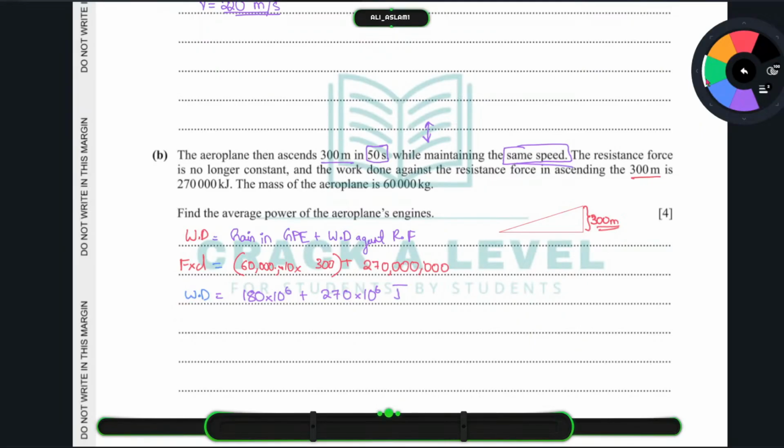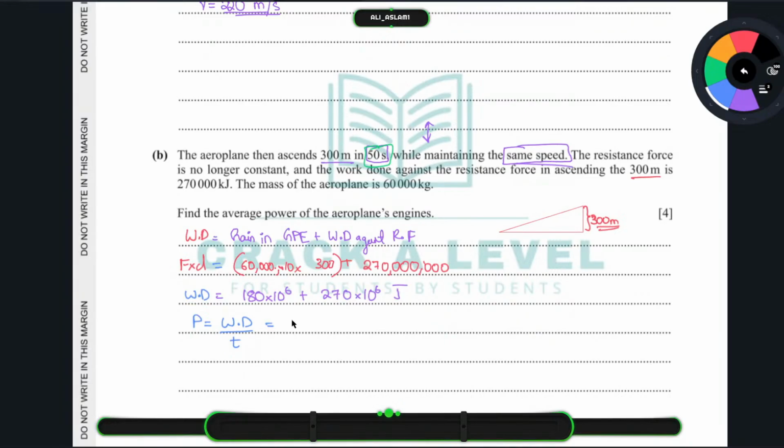And we know we have time though. So what is power? Power is work done per time, FD over T. So we have the cumulative sum of 180 exponent 6 plus 270 exponent 6, and that divides by 50.